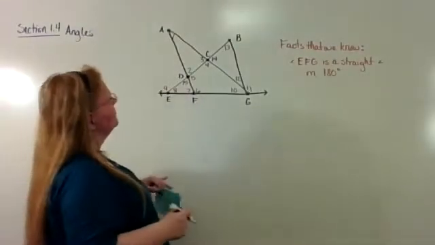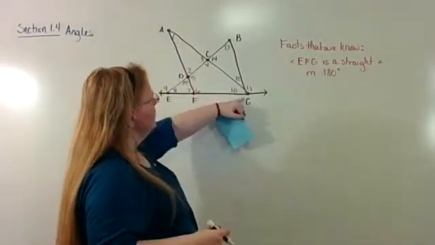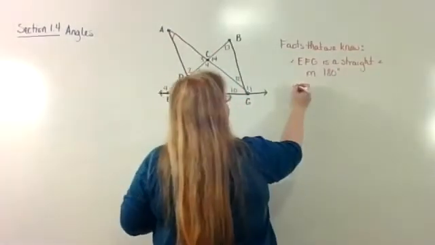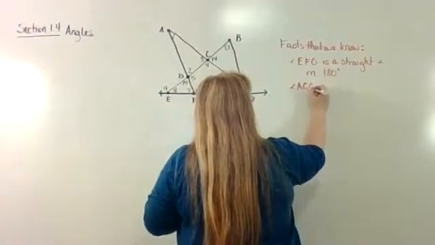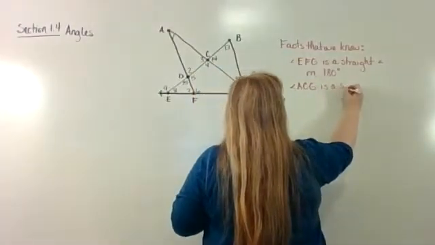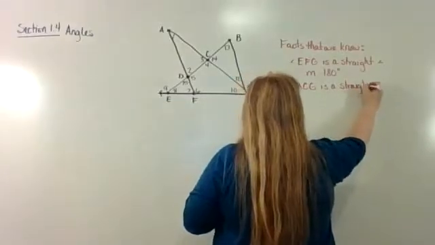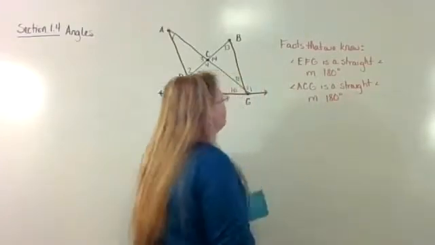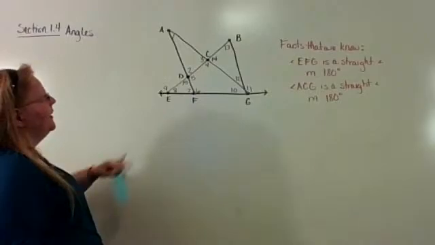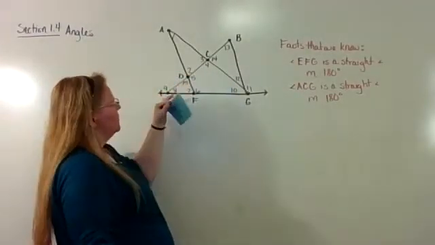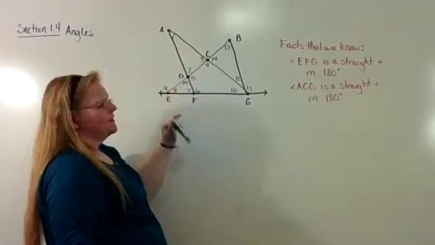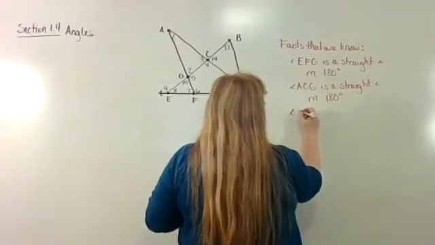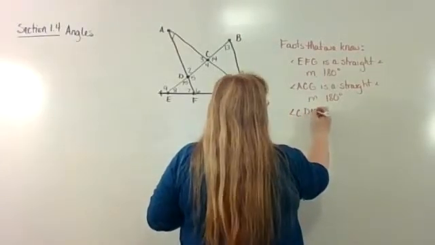Another fact that we know, ACG, opposite rays, straight angle. And BCD, or I could say CDE, doesn't matter which one. Opposite rays, straight angle. CDE is what I'm going to call it.